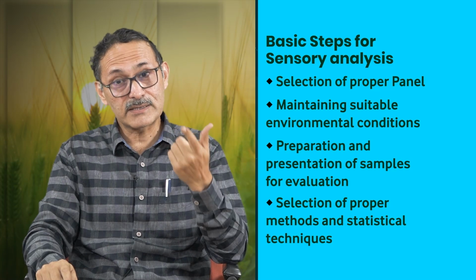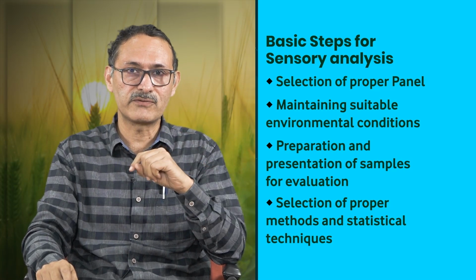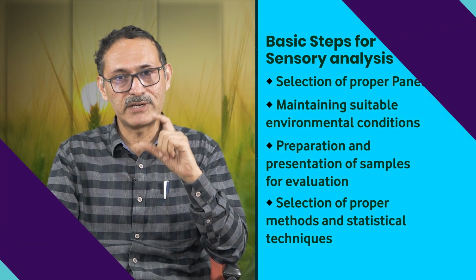So it should be an environment especially designated for sensory tests, not influenced by light, or reflections, or anything which can influence the mood. Selection of the proper method and the statistical techniques are equally important. Interpretation, as it was part of the definition in the beginning, is done through statistical techniques.